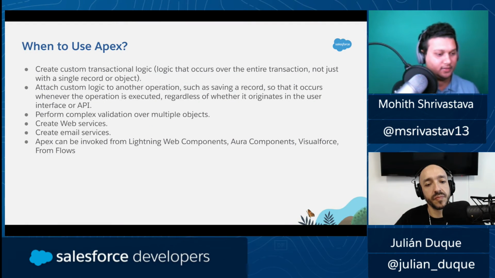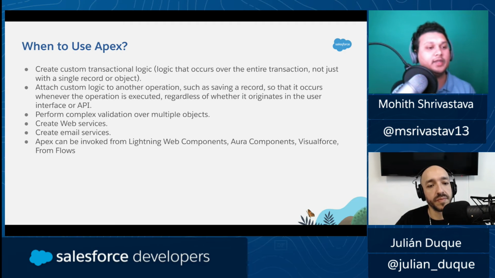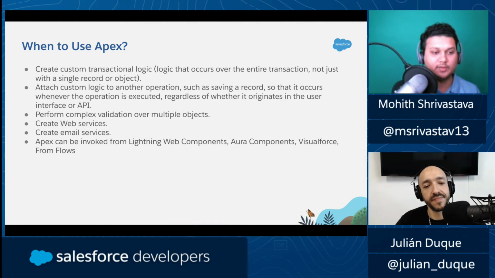So again, as I said, we use Apex for a lot of use cases. Anytime you have custom transactional logic, that is, logic that occurs over the entire transaction. Like the use case that you were mentioning: what if I want to control my transactions? What if I want to execute logic A, then only execute logic B, then logic C? That type of use case is where Apex comes into the picture, because it gives you a programming language to code, you have more flexibility there, and you can write custom logic on operations.